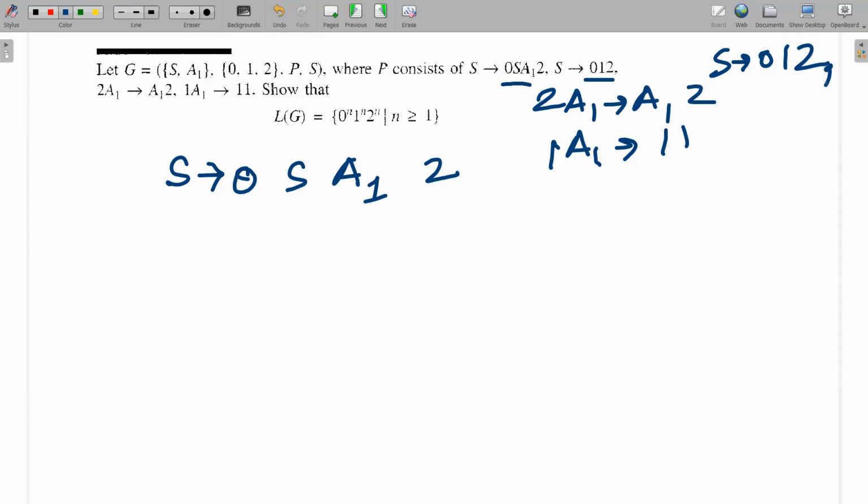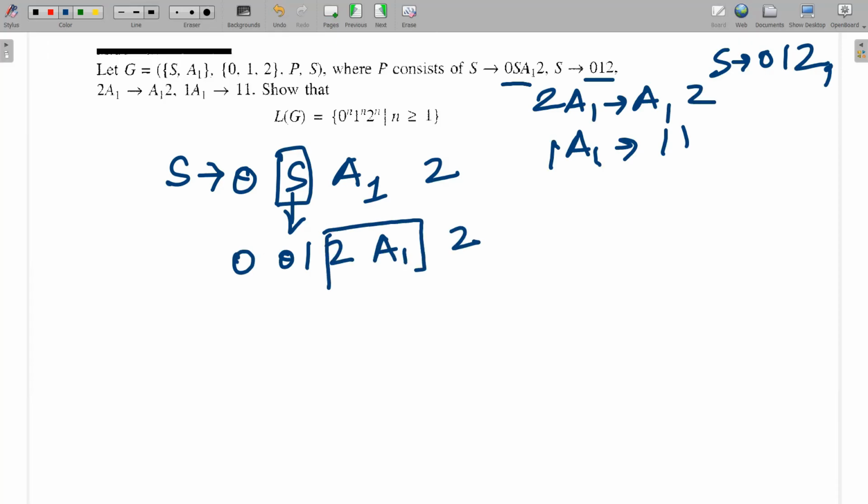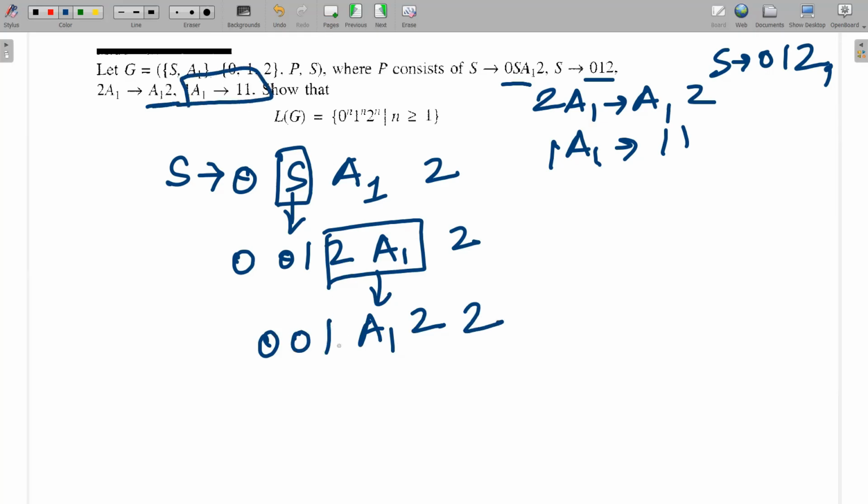Fine. So how are we going to go about it? I can easily put this S value as 012. We have got A1 2. So clearly your 2A1 is generating what? A1 2. Your 1A1 is generating what? 11.